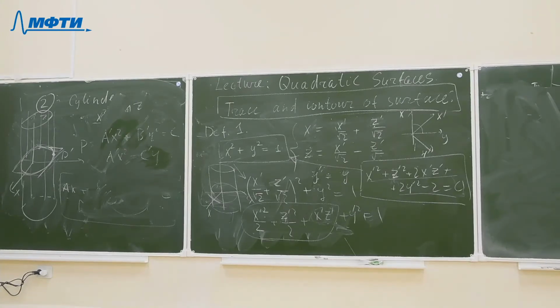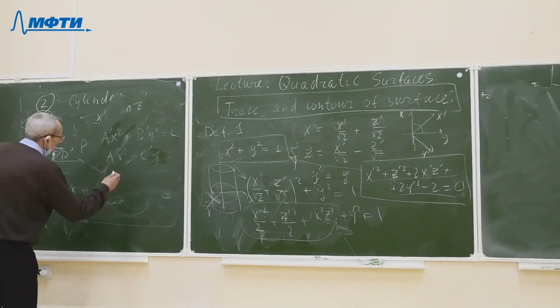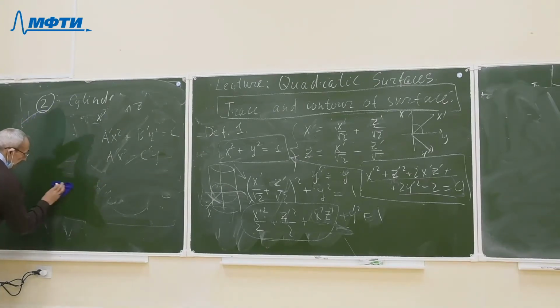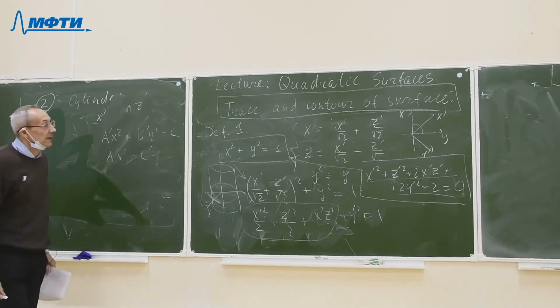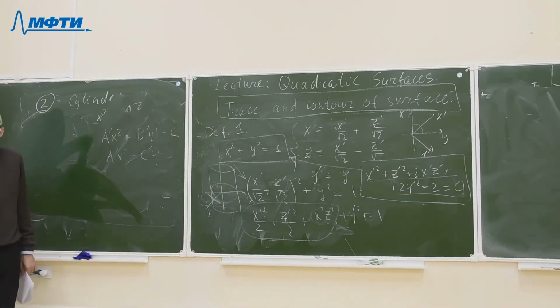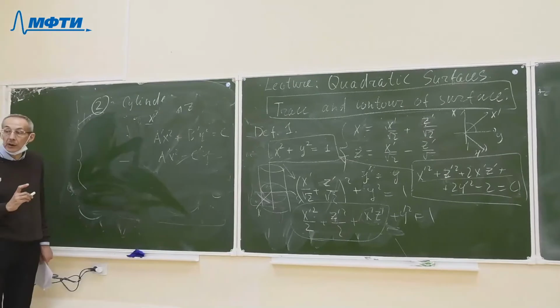Professor, sorry, the last part I didn't understand. What is it? A prime x squared plus b prime y prime equals c? Okay, the main theorem, the same as in the case of the curves, asserts that an arbitrary equation of the second order surfaces can be reduced to one of two canonical forms.